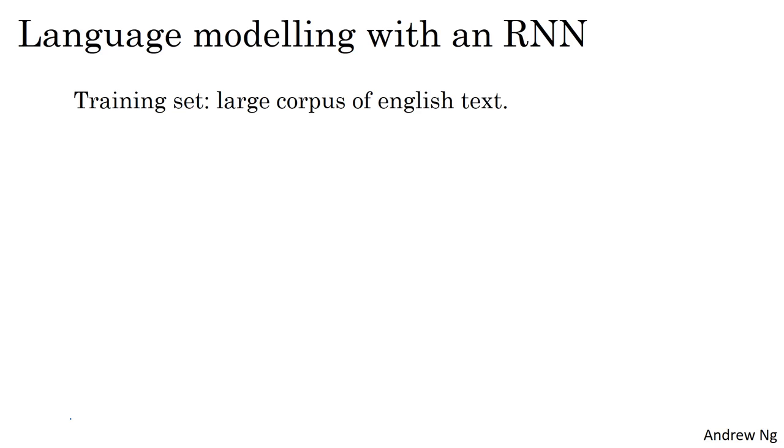So how do you build a language model? To build such a model using an RNN, you would first need a training set comprising a large corpus of English text, or text from whatever language you want to build a language model of. And the word corpus is NLP terminology that just means a large body or a very large set of English text, of English sentences.